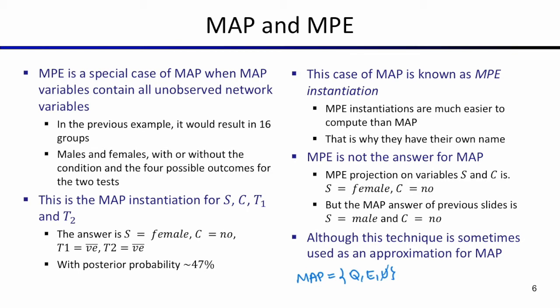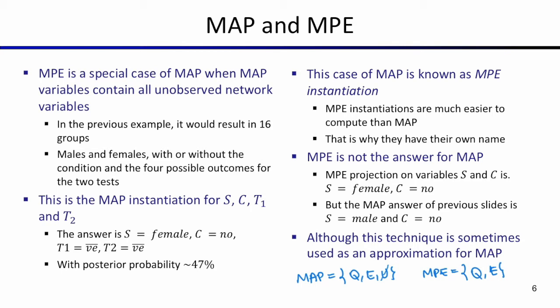In the case of MPE, it's a little simpler because we have just 2 sets of variables. Because the query variables, the MAP variables, will involve all the variables that we have in the network, we will not have the unobserved variables. We don't have the hidden variables, just the MAP variables and the evidence variables.